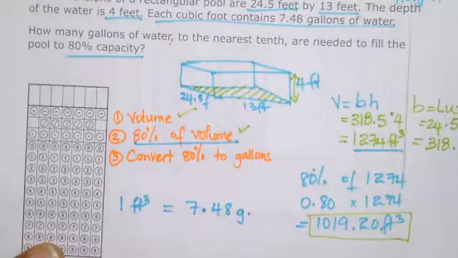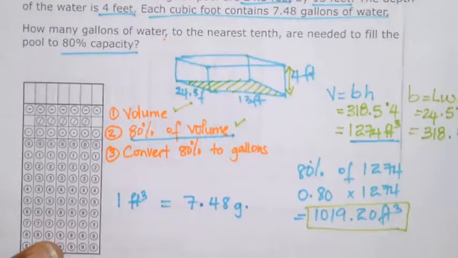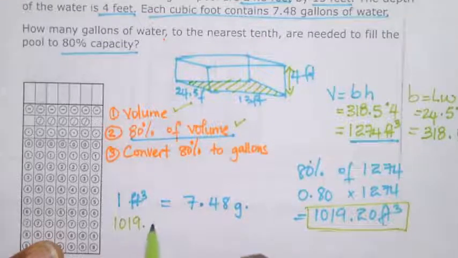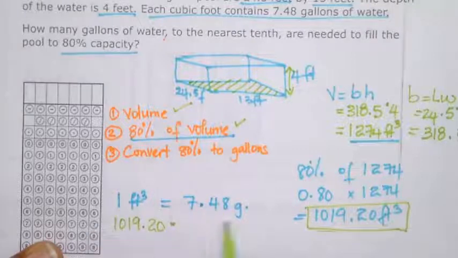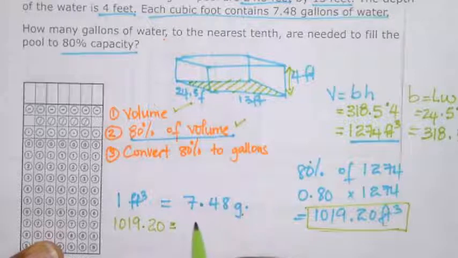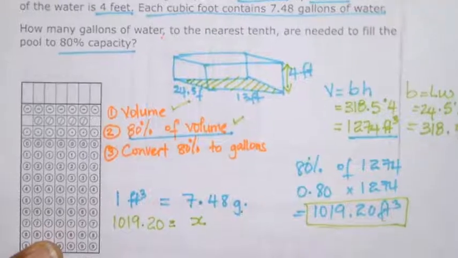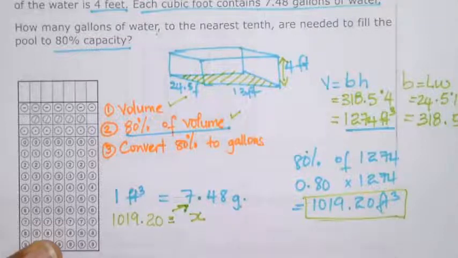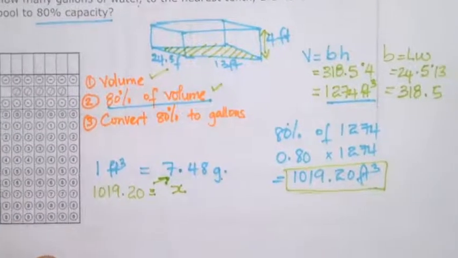We already know what the 80% is in cubic feet, which is 1,019.20, and we want that in gallons. Since we don't know what that is in gallons, we're going to put X to represent that amount. And if we want to find out what it is, we're going to find the cross product, or in other words, all we're doing is just to multiply.